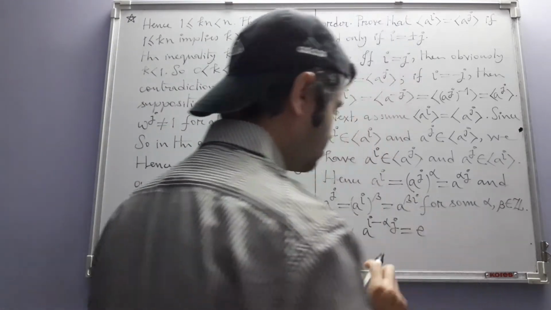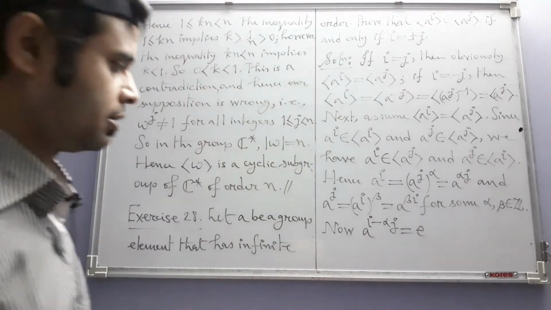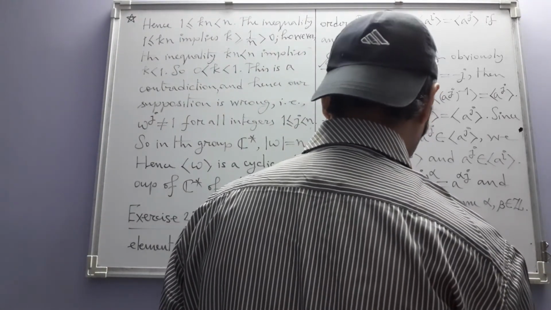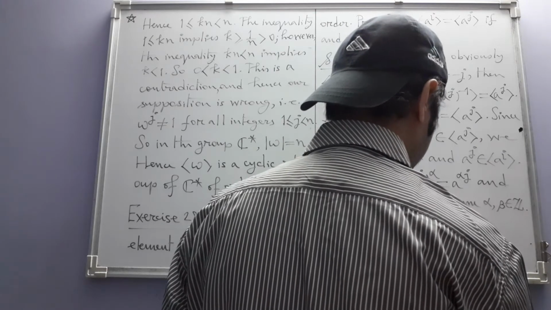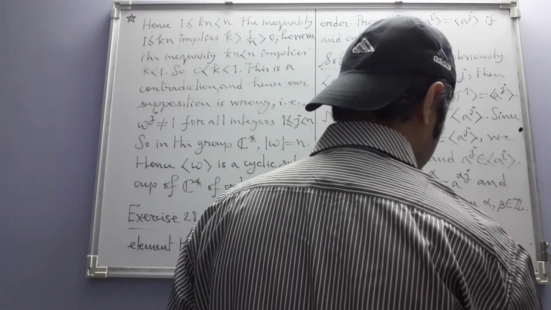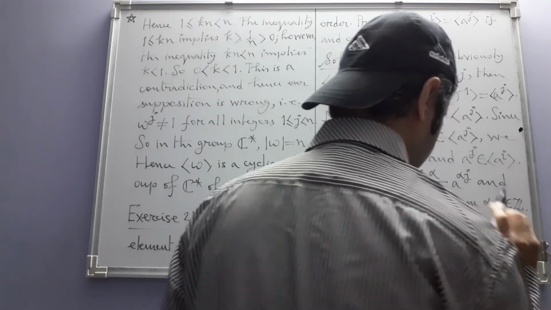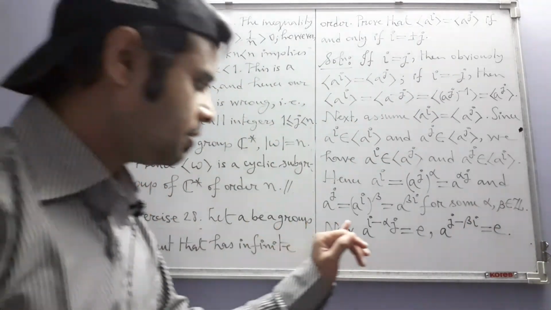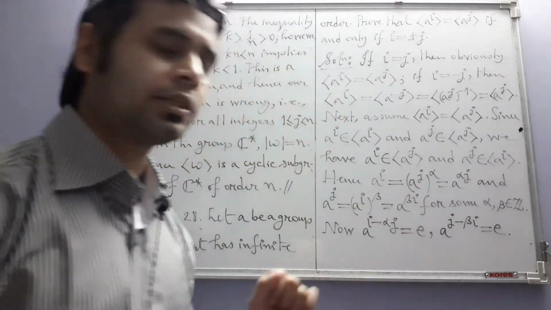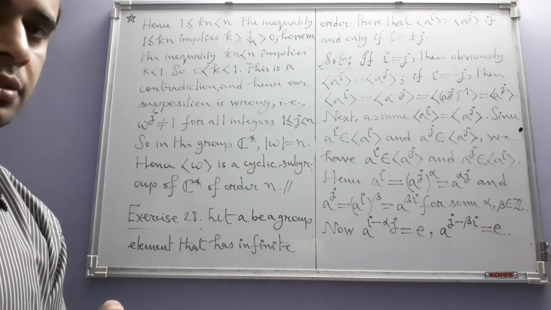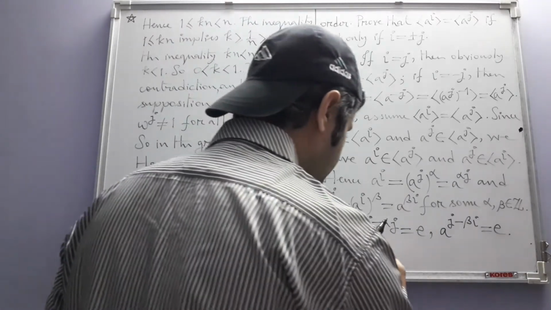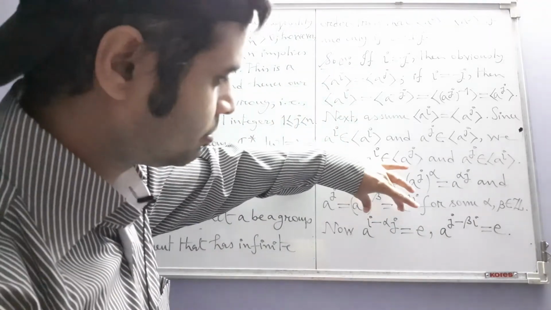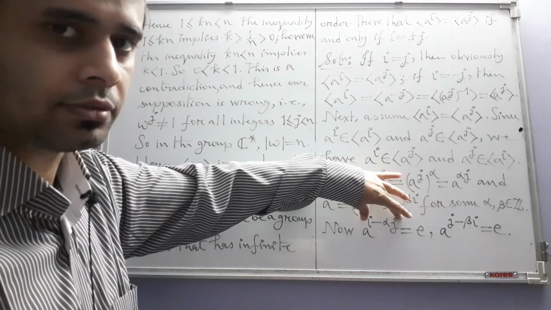This is also coming from the rules of exponent, and just like that, a to the power j minus beta i is equal to identity. Okay, now what happens if these exponents are non-zero integers? Suppose this is a non-zero integer. Being a non-zero integer, it can either be positive or negative.